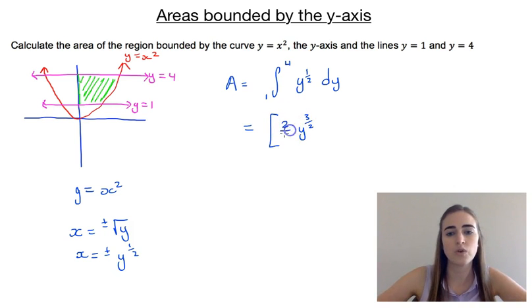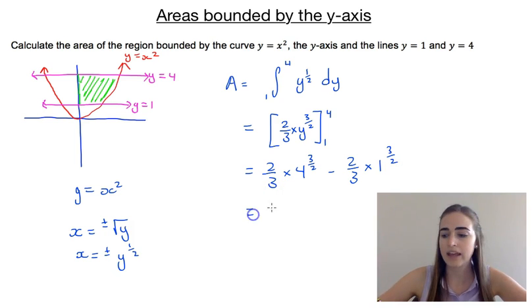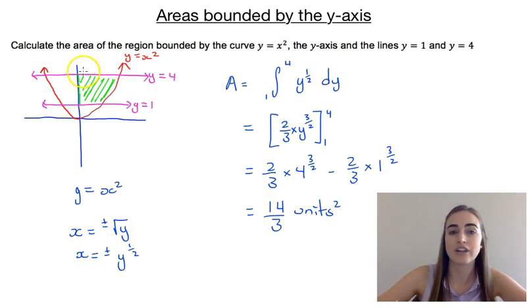So we're going to have 2 over 3 times y to the power of 3 over 2 between 4 and 1. Now substituting that 4 in, we have 2 over 3 times 4 to the power of 3 over 2, minus, substitute the 1 in, 2 over 3 times 1 to the power of 3 over 2, and we would end up with 14 over 3 units squared as that green area there.